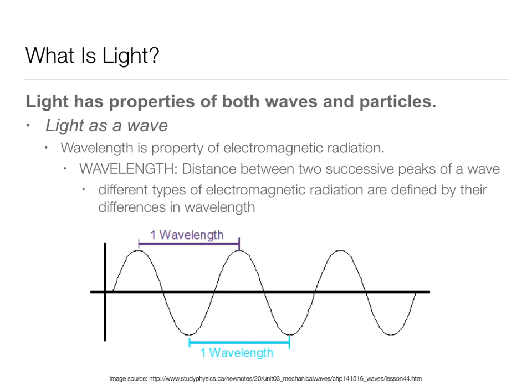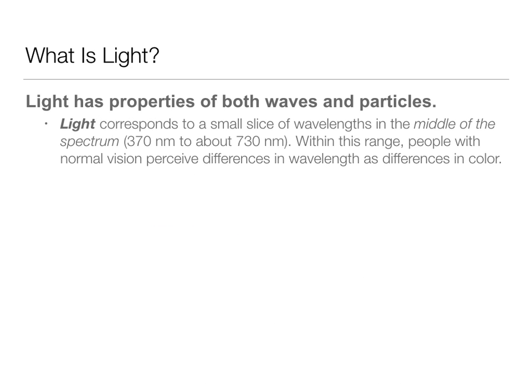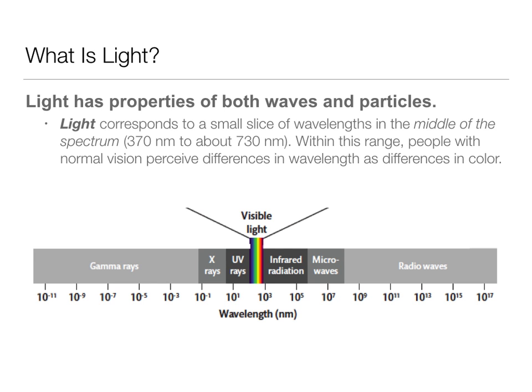Remember, those radio waves were really, really big, the size of a soccer field or a house, whereas X-rays were really, really small, the size of proteins and molecules. So light is this small slice of wavelengths in the middle of the spectrum. This is the range that people with normal vision can see, and this is where we see color as well.